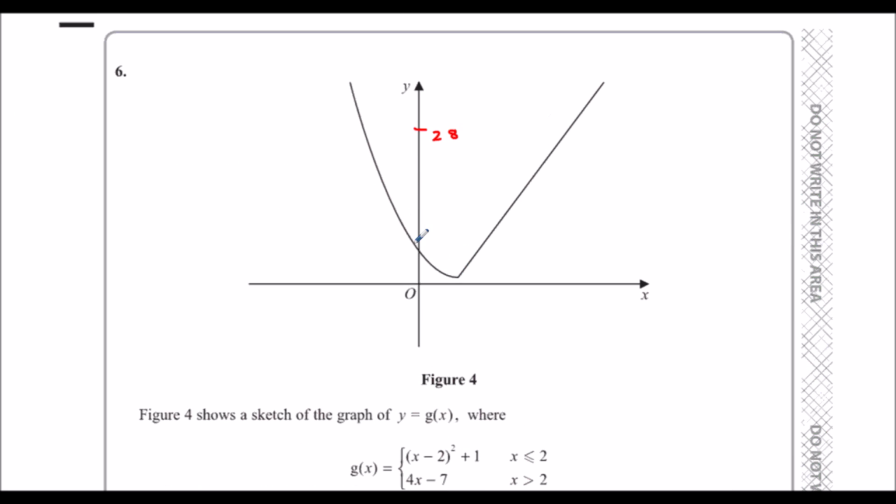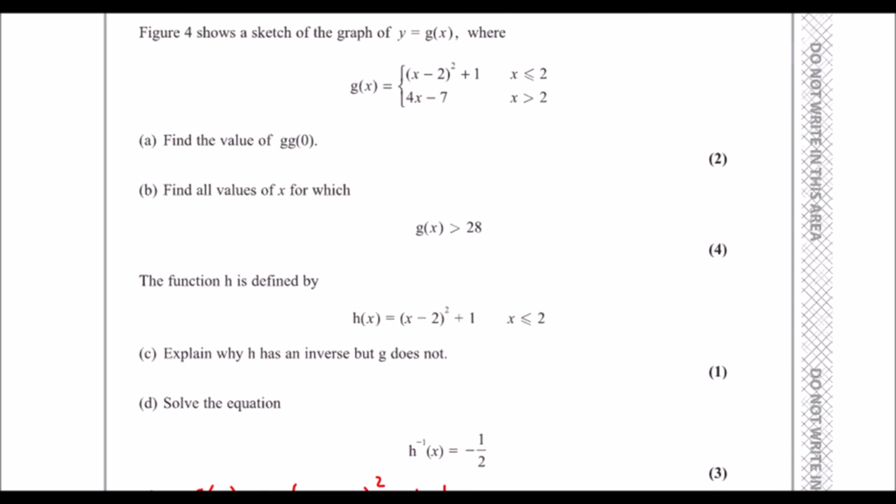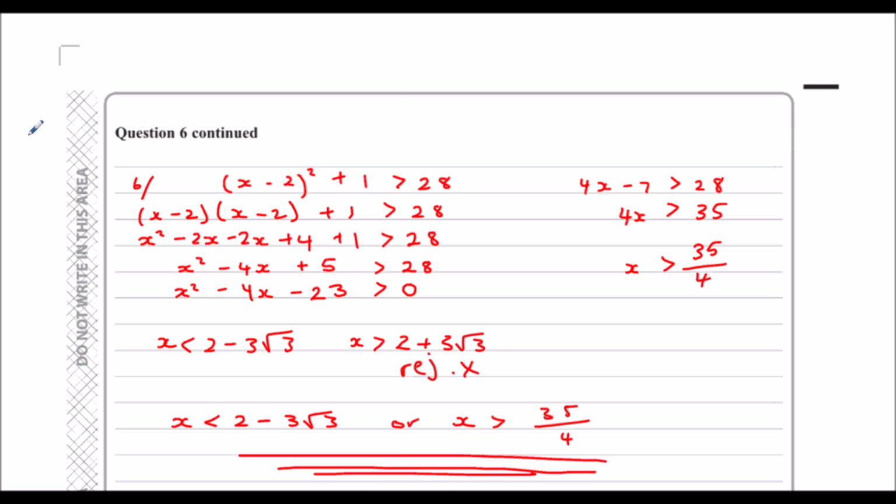So this part of the graph here has an inverse because it's a one-to-one function. One-to-one functions have an inverse, and many-to-one functions don't have an inverse. So we can just say h is a one-to-one function.